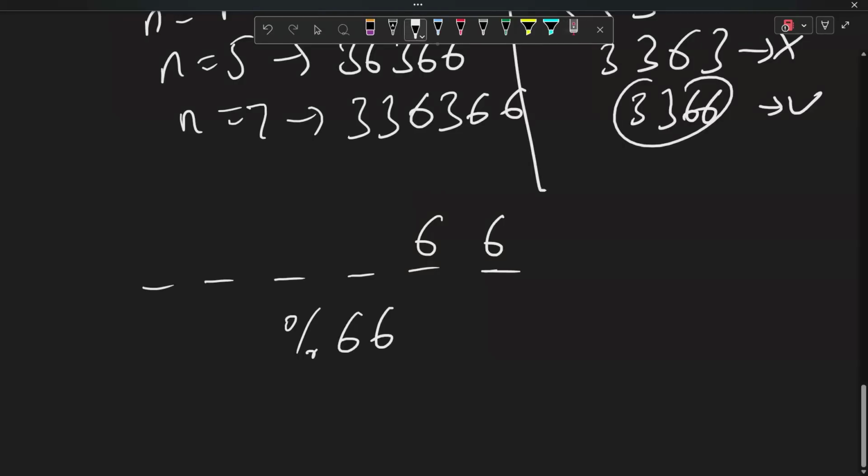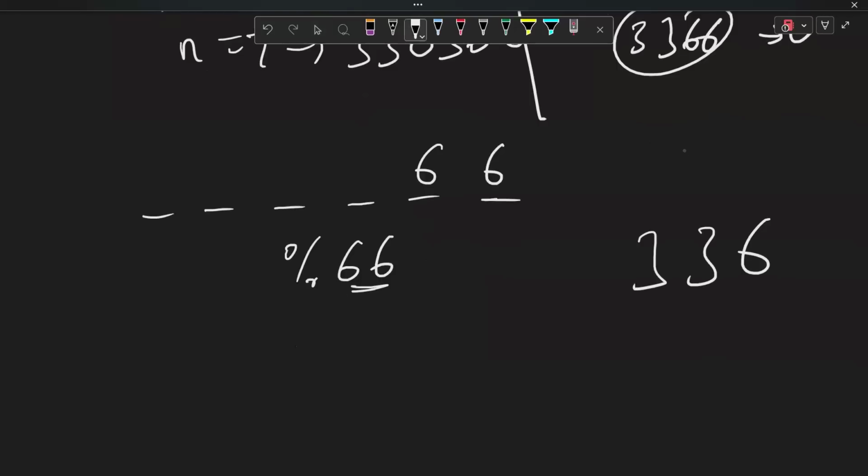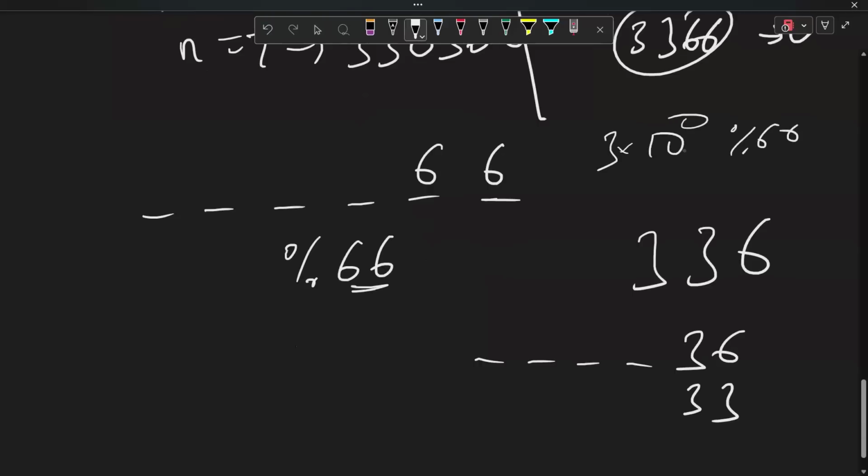You may think that you may have some 636 or something like those cases where the overall number is divisible by 66. But if you just try, there would never be a case where you have some number and at the end 36 or 33, anything you can try, that is divisible by 66, because the remainder of 3 times 10 to the power anything mod 66 won't be something to which if you add 36 or 33, it would become overall 0.